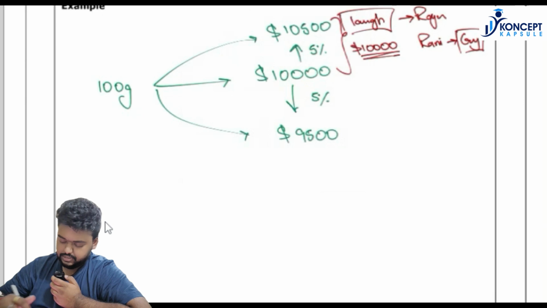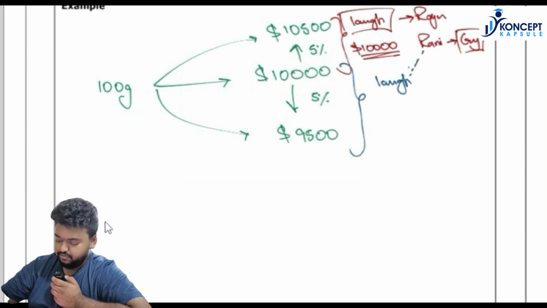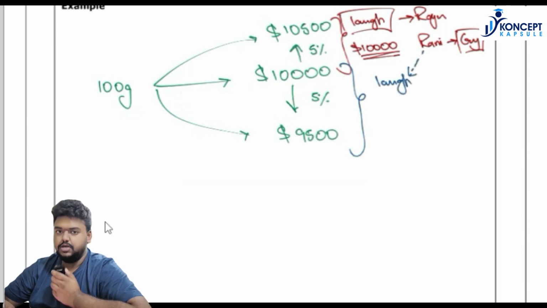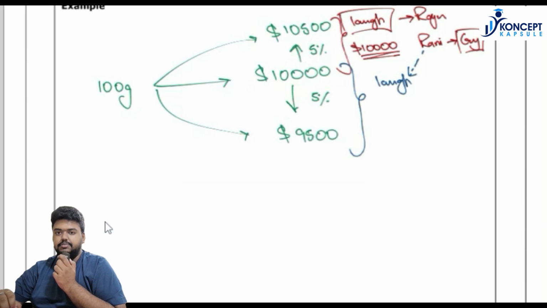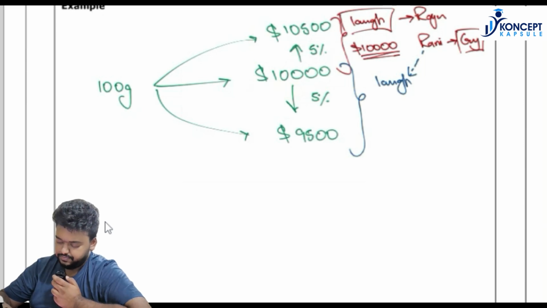Suppose in a flip situation, the prices went down. Now who will laugh? Rani will laugh, because now she is able to sell something which is worth 9,500 at 10,000, since the contract was fixed at 10,000. And who will cry? Raju will cry.